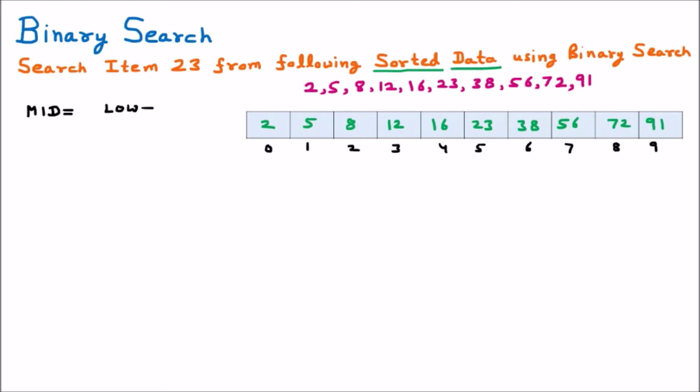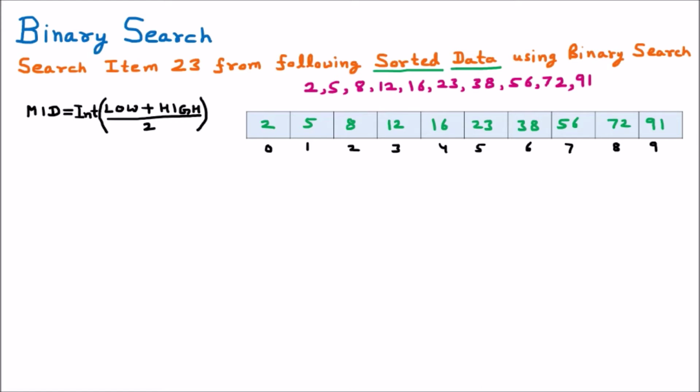So low plus high, that we combine and divide by 2. We take its integer value, which means if there is a decimal point, we discard the point value and take the integer value. So low plus high by 2, that is the middle place.